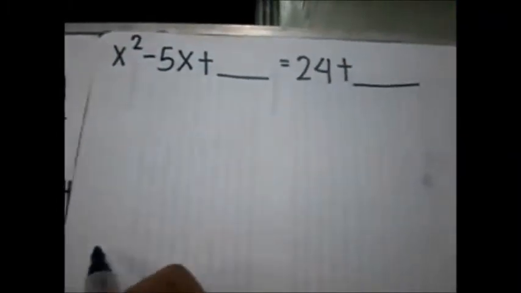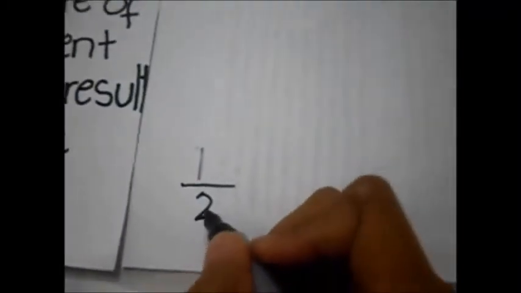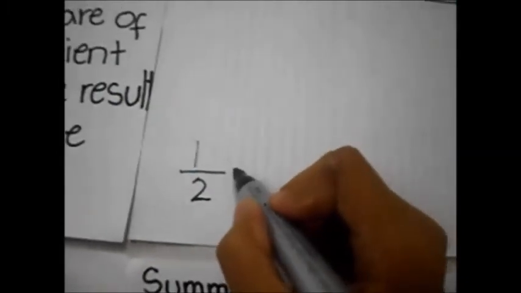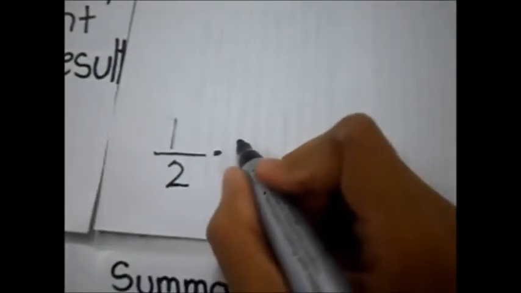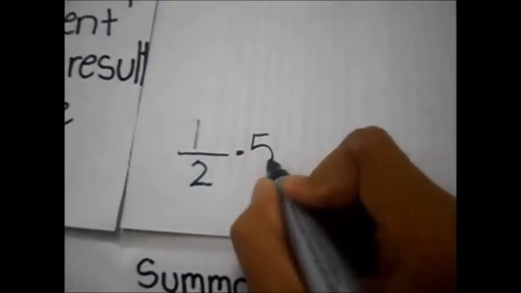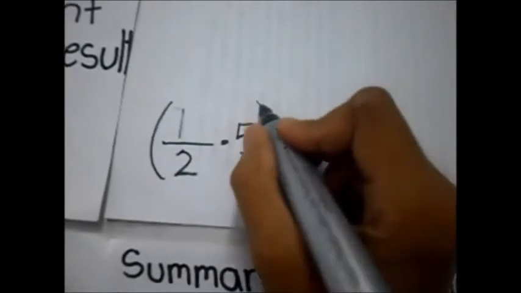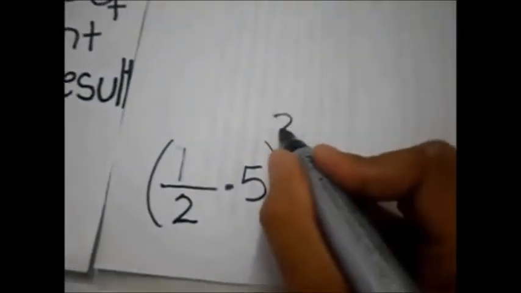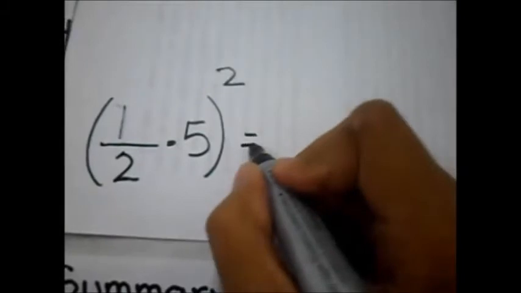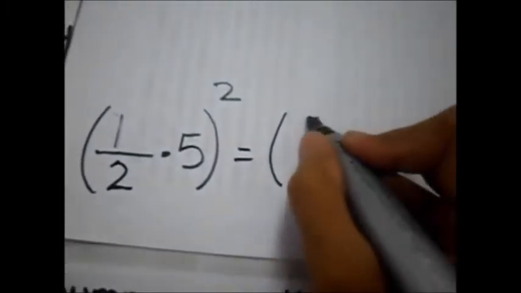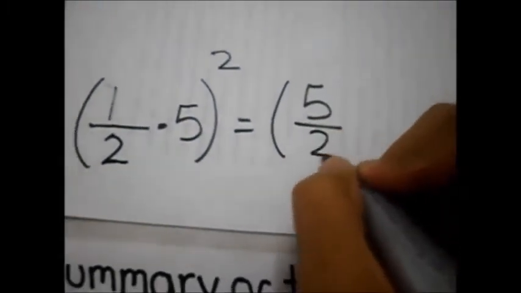So we take 1/2 times the coefficient of x, which is negative 5, giving negative 5 over 2, then squared.